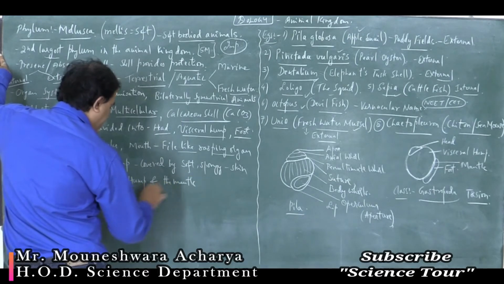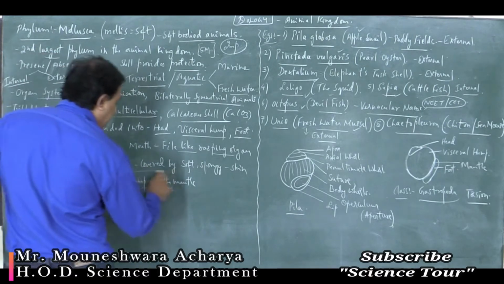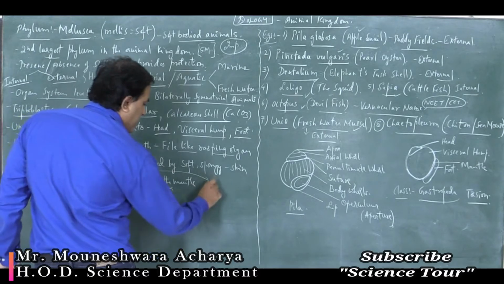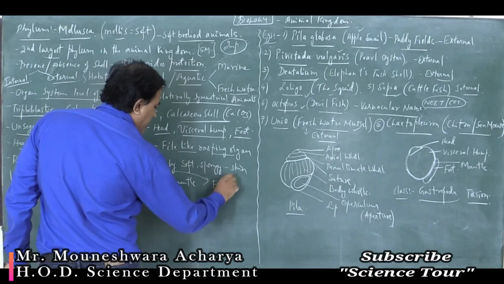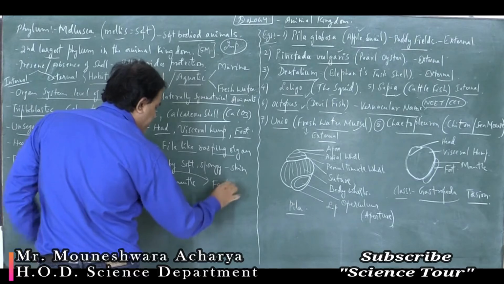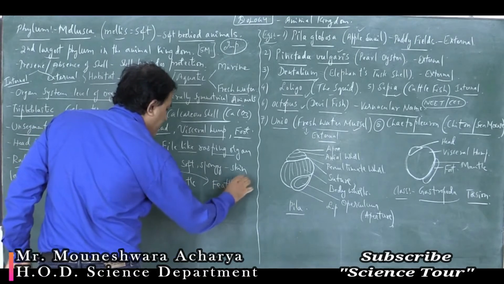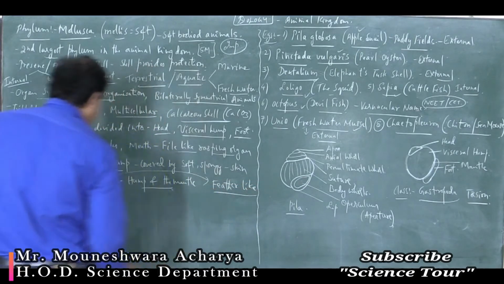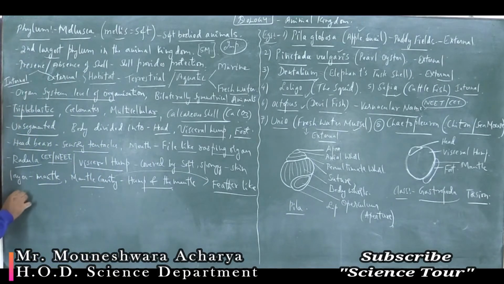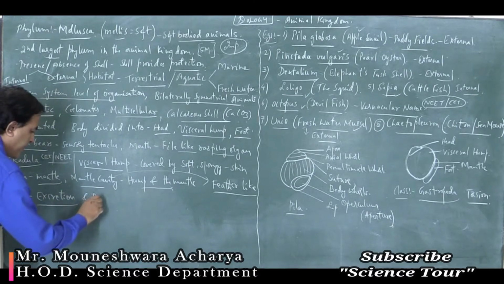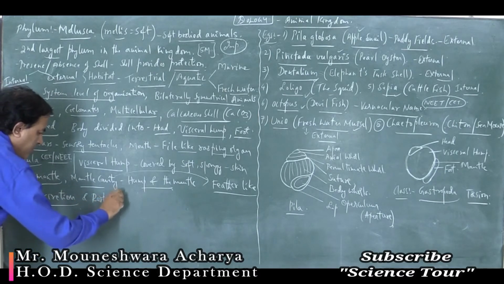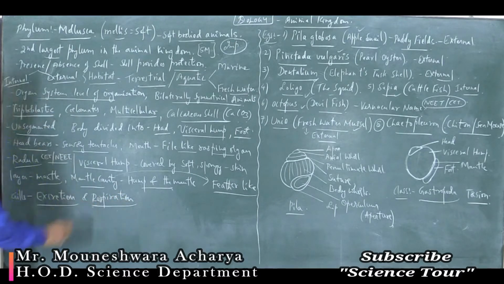And this mantle cavity has got feather-like gills, and they serve the purpose of excretion and respiration, that is, they help in breathing.